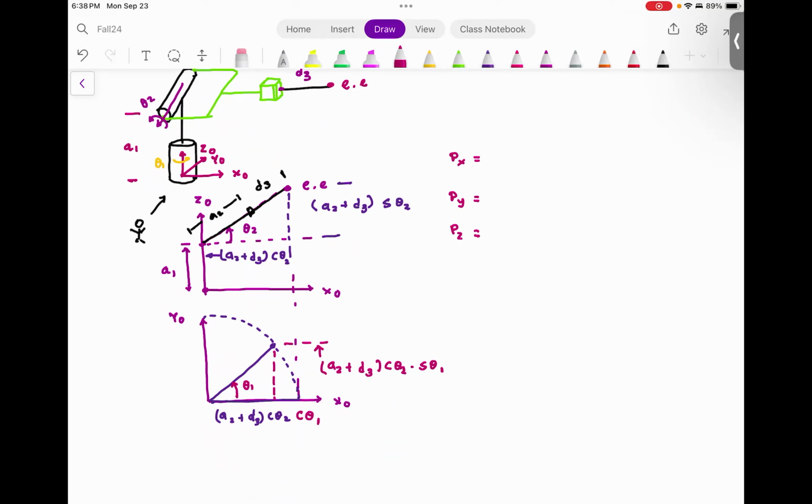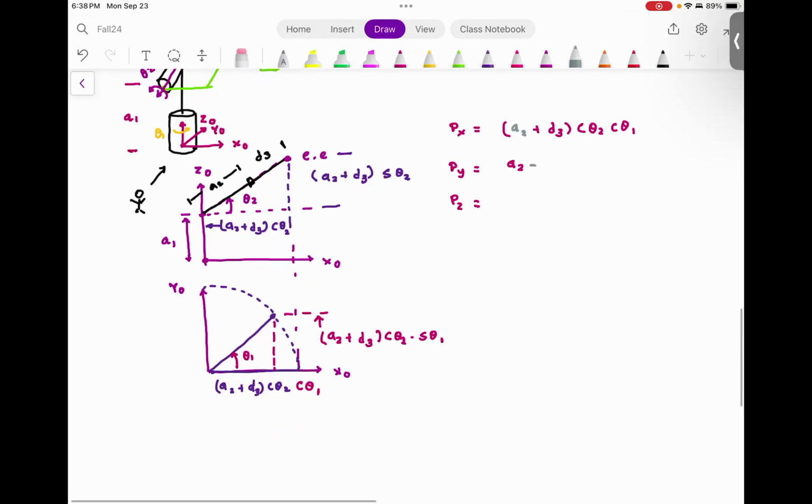So I can write my Px as A2 plus D3 cosine theta 2 cosine theta 1. My Py as A2 plus D3 cosine theta 2 sine theta 1.